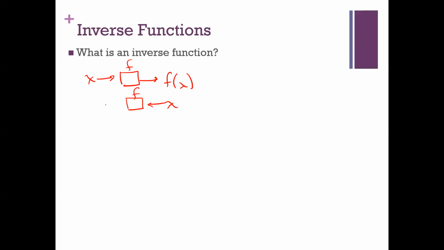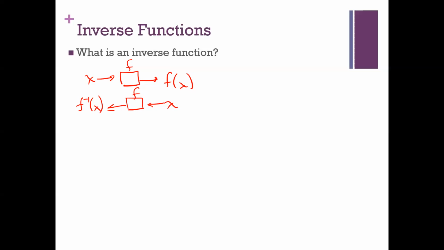This is still function f, right? But if I do this, what comes out? Not f of x, but something related to it. Kind of. We want to represent it in function notation, so yeah, it could be y. But this thing is f inverse of x, because we're following all the same rules and processes of whatever f is.